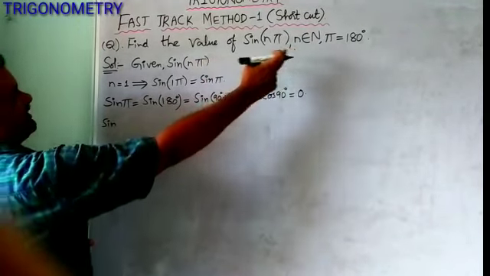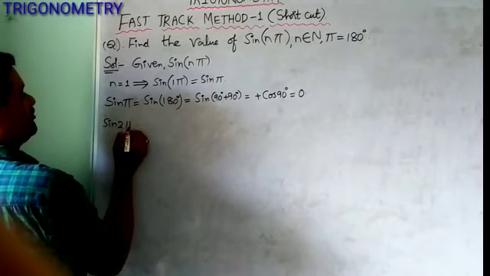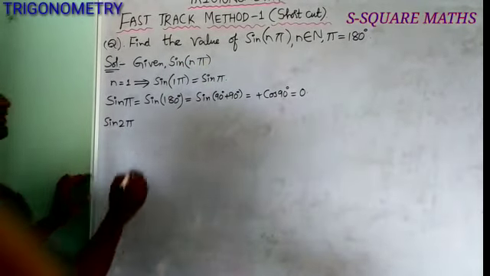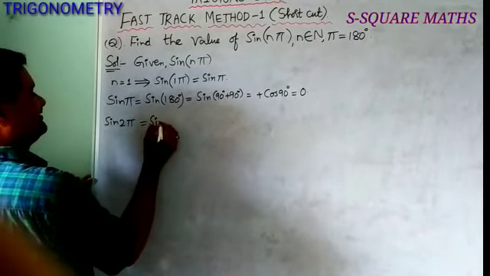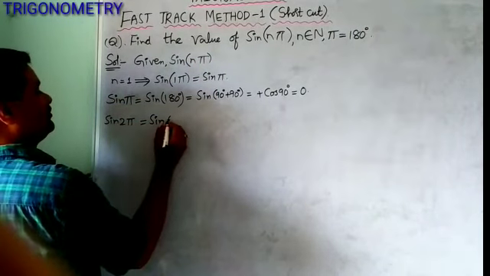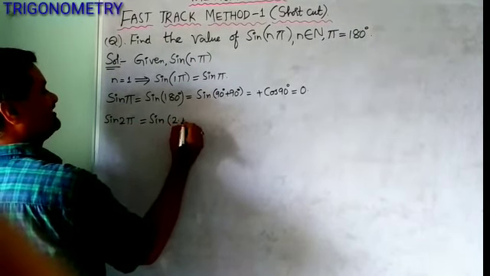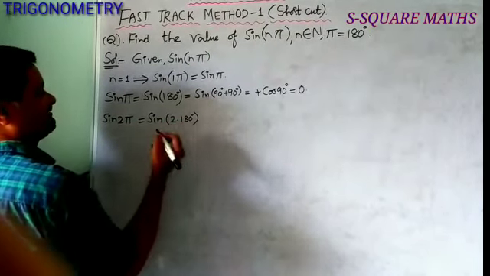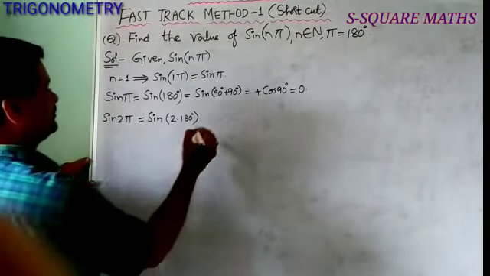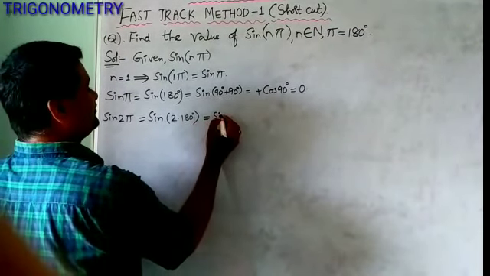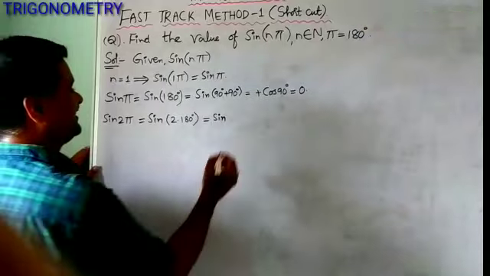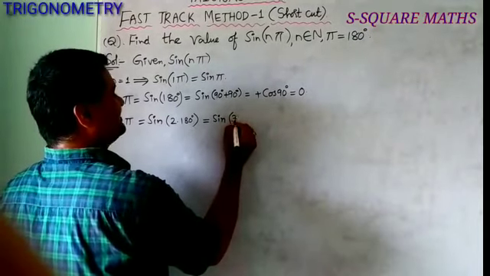Next, n equal to 1 is completed. Now the next natural number is n equal to 2. So sine 2 pi, where pi stands for 180 degrees, I can write it as sine of 360 degrees.